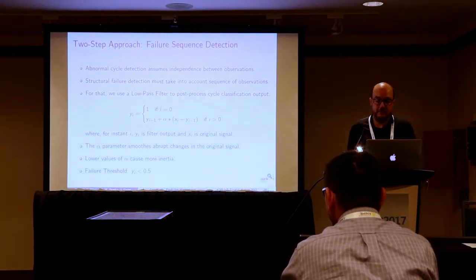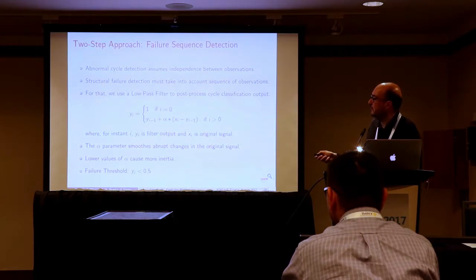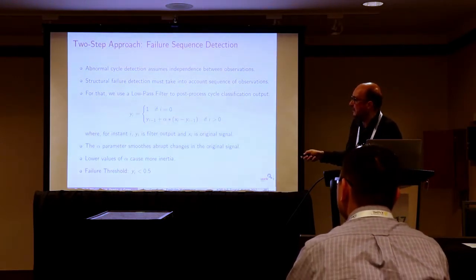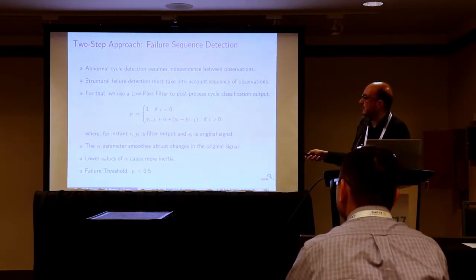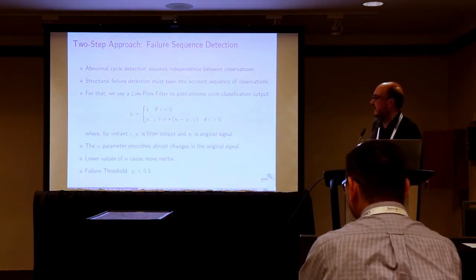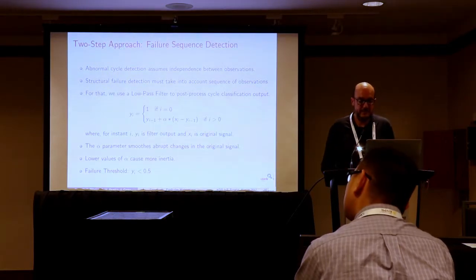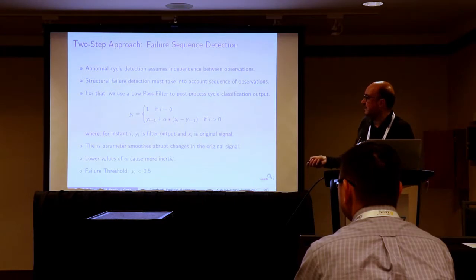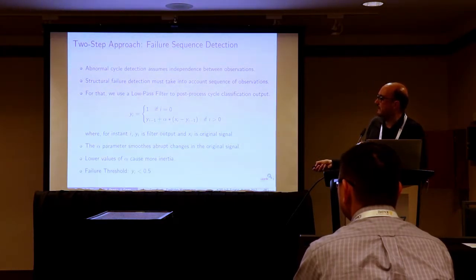Depending on the value of alpha, if alpha is really high, we give more importance to the new entries, and if alpha is really small, then we have more inertia and give more importance to the previous values. So an important decision of the low pass filter is to decide the value of alpha. And how do we decide if we have a failure? We decide it's a failure if y is less than 1/2.